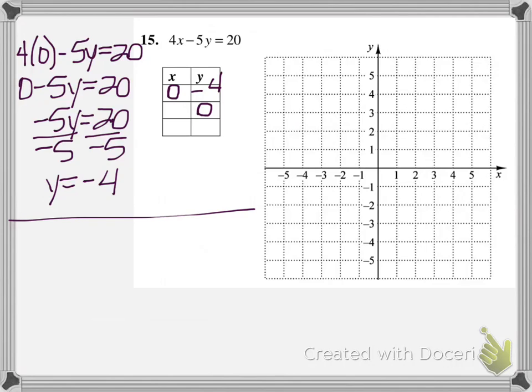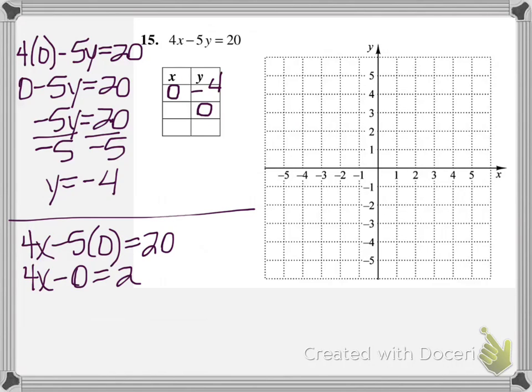Now I'm going to plug in 0 for y. So 4x minus 5 times 0 equals 20. 4x minus 0 equals 20. 4x minus 0 is 4x equals 20. Divide by 4.